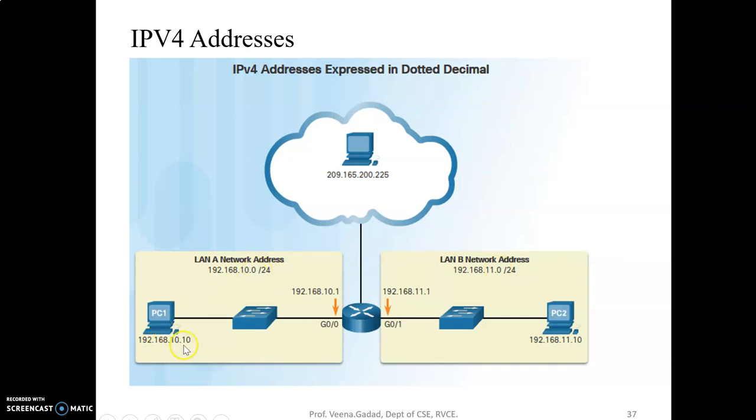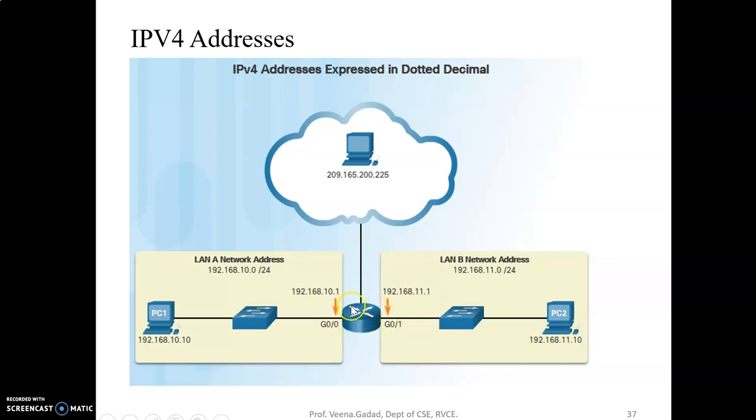However, the hosts are numbered sequentially. So if you look here, one of the desktop machines has the IP address 192.168.10.10. The network part remains the same, that is 192.168.10. However, the host part, we shall see shortly what we mean by network part and host part, varies, that is 10. Here, if you observe, 192.168.11.10. Clear? So this is an interface of a router.